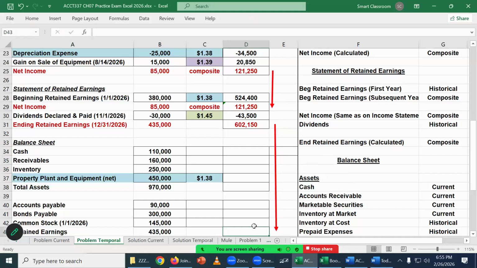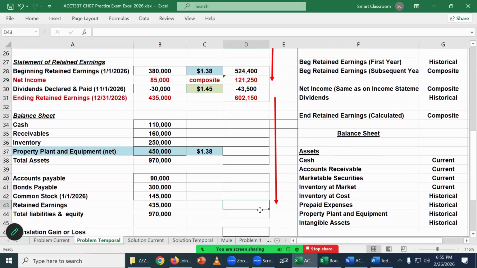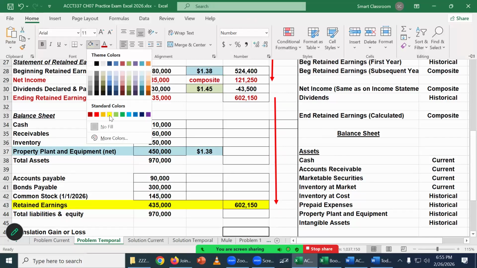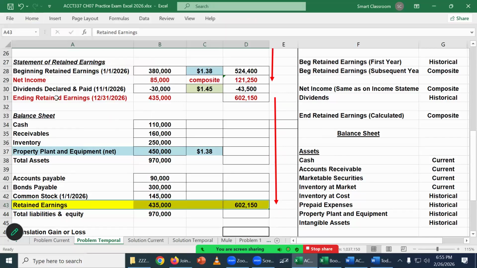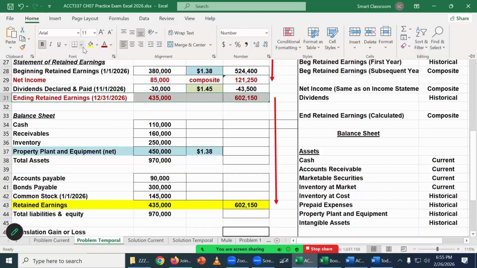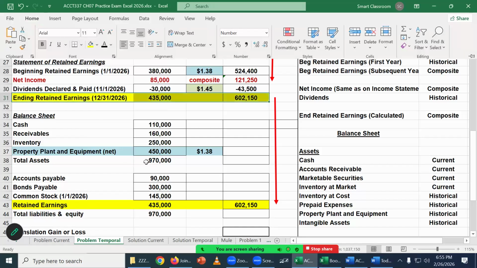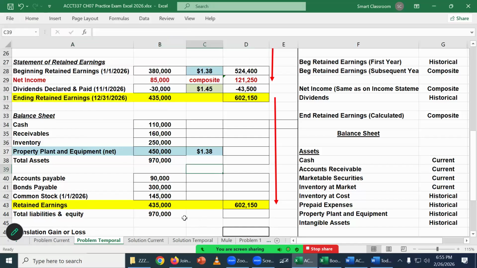This retained earnings will be the same as that retained earnings. Go ahead and do that right now. Just going to make that yellow. I'll do the same thing up here. Make this yellow so that we know exactly what it is. So any retained earnings is just going to come down. This is a composite also.